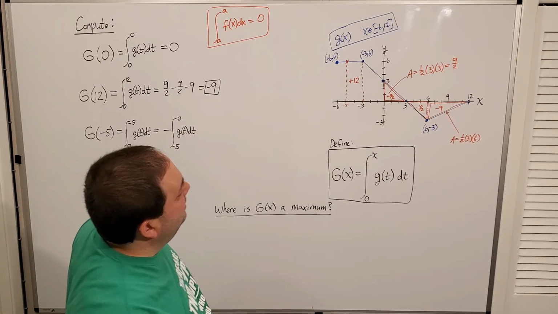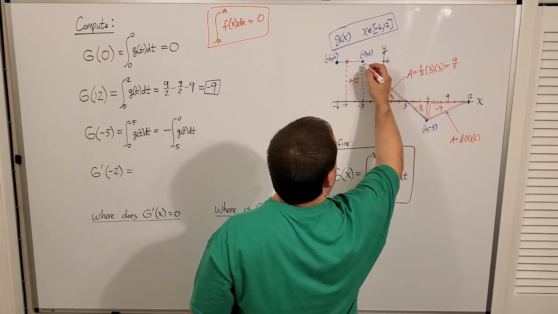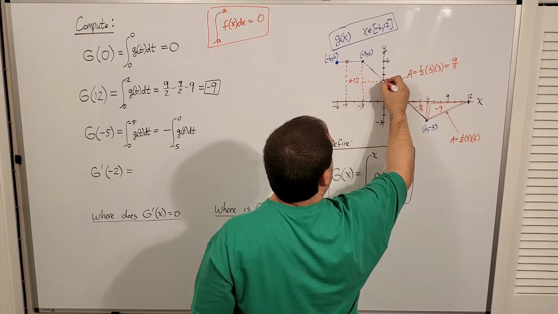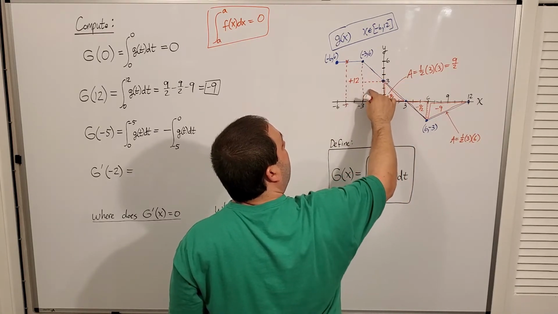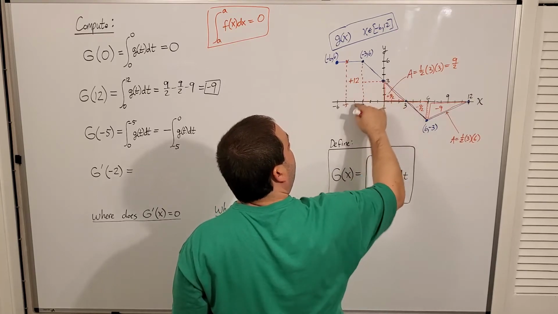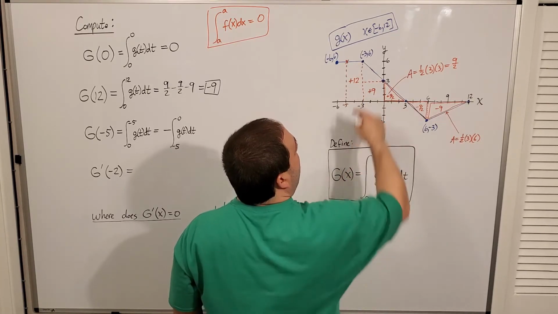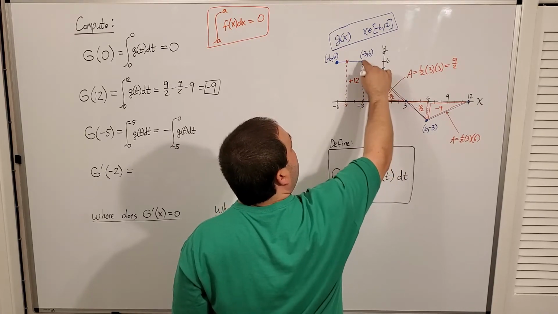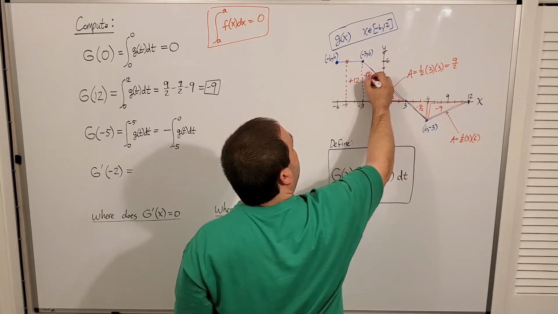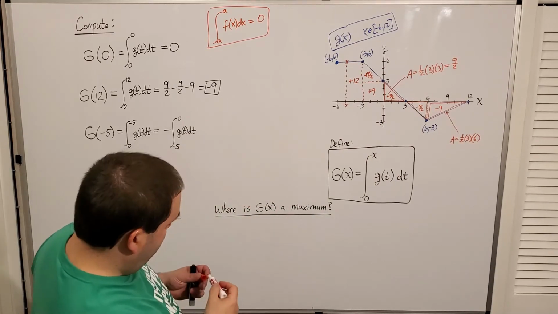Right? Also, I can split right here, and I'll have a triangle and a square. 3 times 3, I'll have a +9 area here, and then another 3 by 3 triangle, which will give me +9 halves.